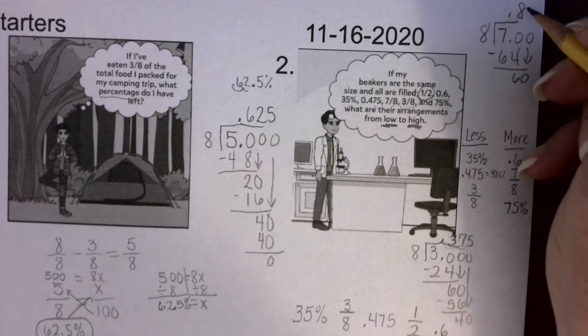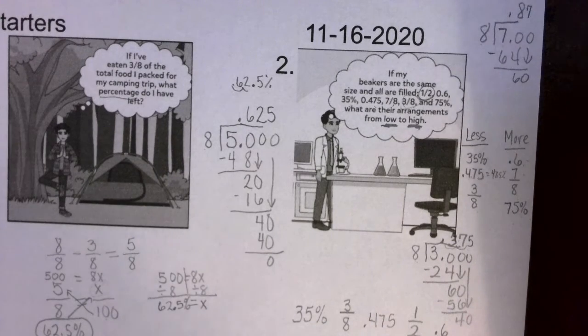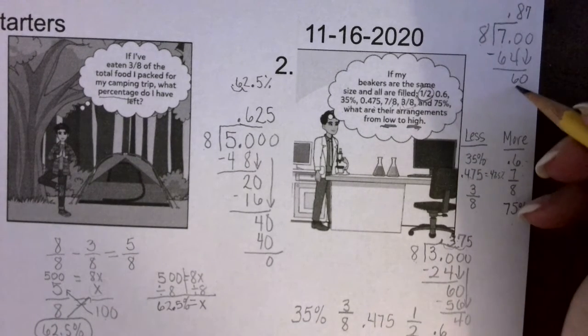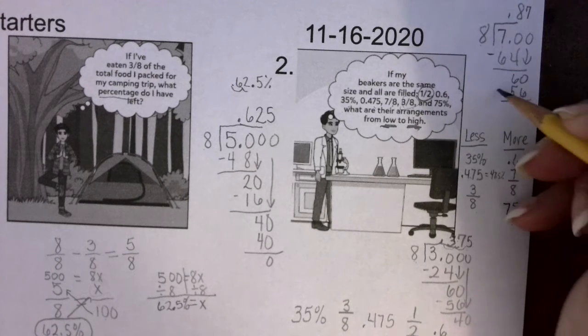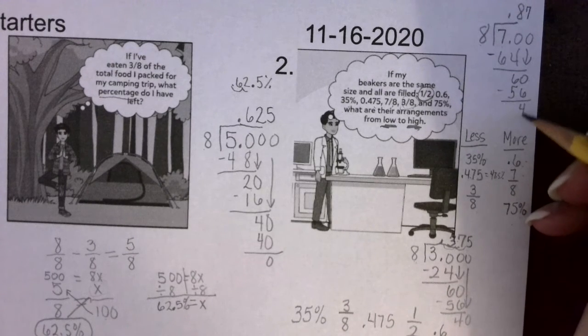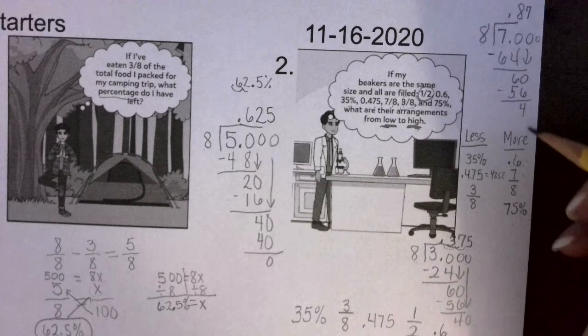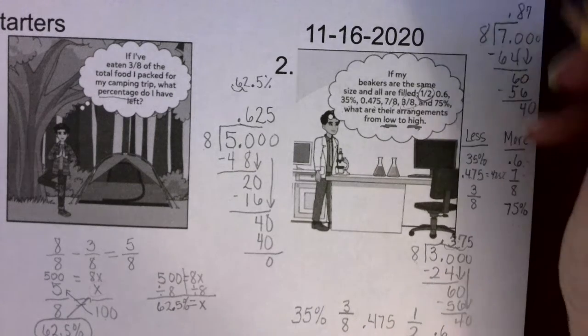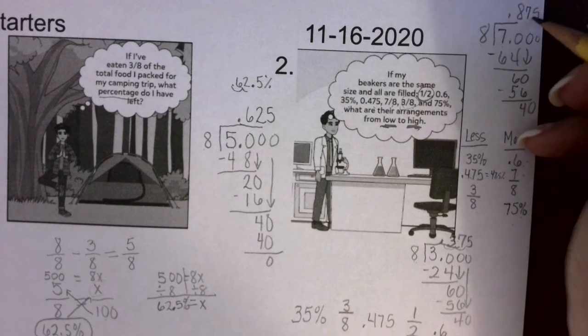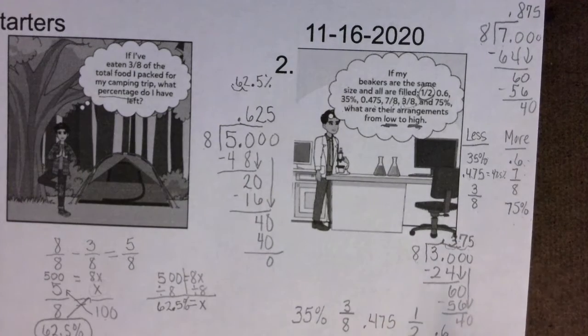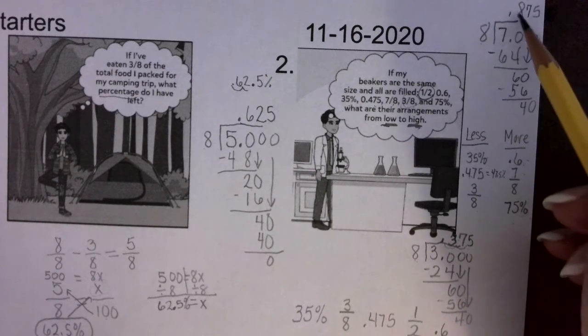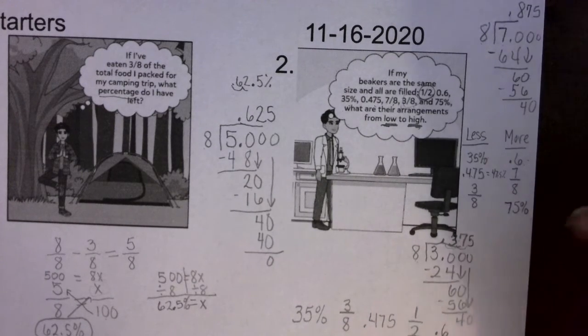8 goes into 60 7 times, and then I have 7 times 8 is 56. 60 minus 56 is 4. I bring down that last 0. 8 goes into 40 5 times. So if I move the decimal point twice on that, it would be 87.5%.